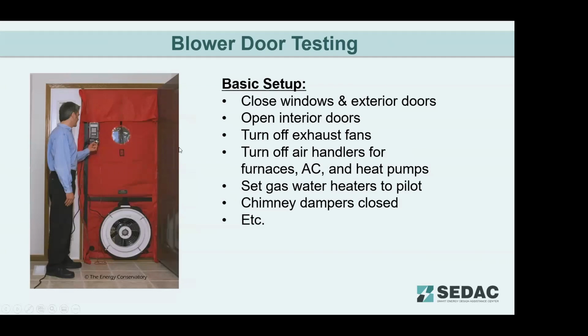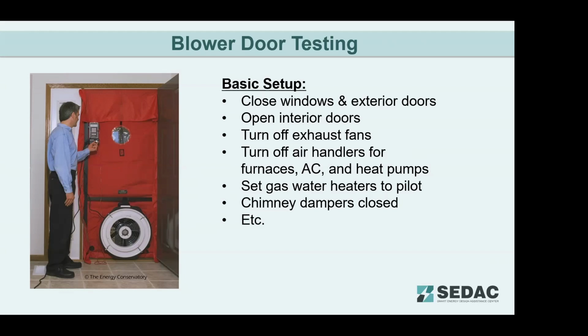As far as the test itself goes, we're going to close up the windows, of course. That's going to add some air leakage if they're open. Exterior doors are closed, but in contrast, the interior doors should be open. We're going to turn off any exhaust fans that may be present, and turn off air handlers for furnaces, air conditioners, and heat pumps.